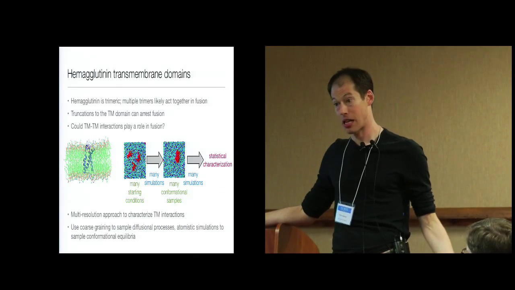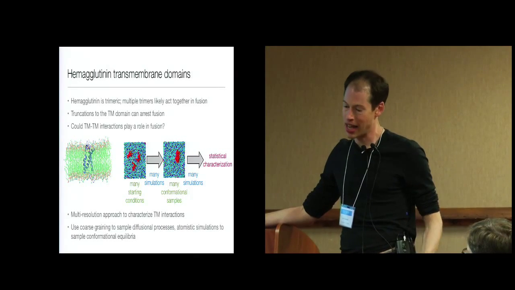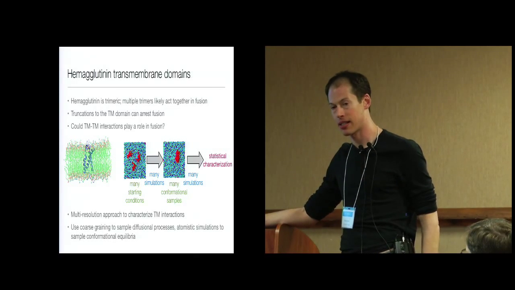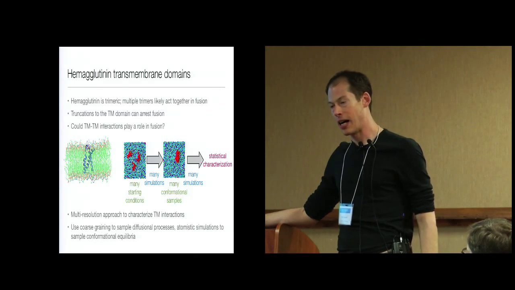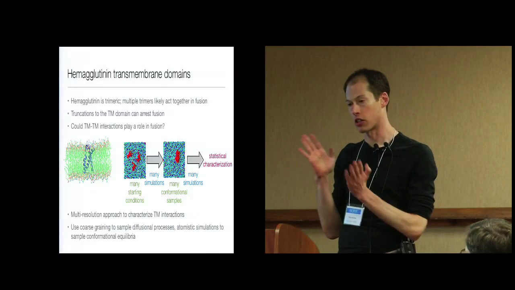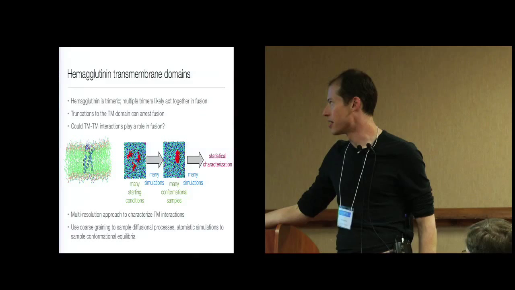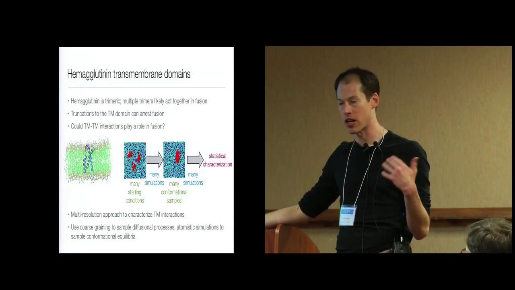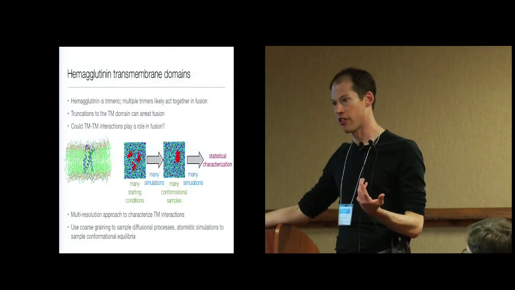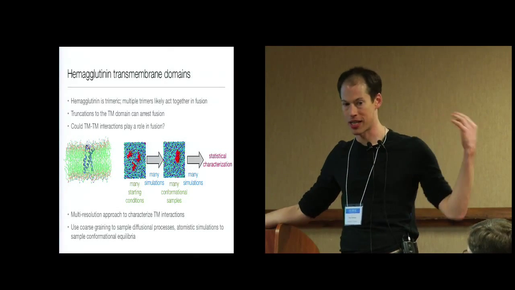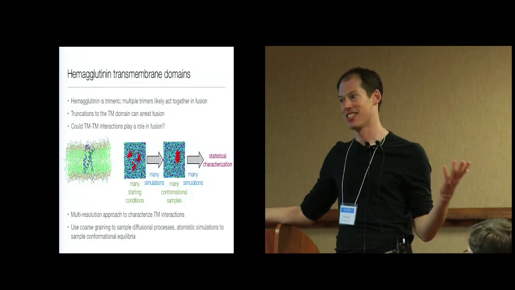What's kind of interesting about it is, again, in the 90s, there were a set of mutational experiments where truncations, either partial or complete, to this domain could arrest fusion, suggesting that something going on here is required for the fusion process; if you just put a lipid anchor on the rest of the fusion protein, it's not sufficient.